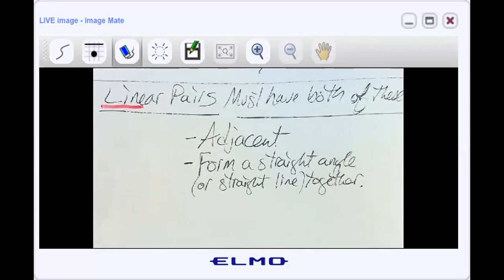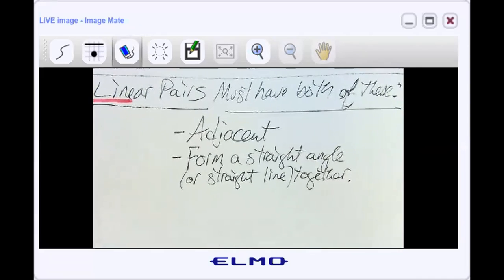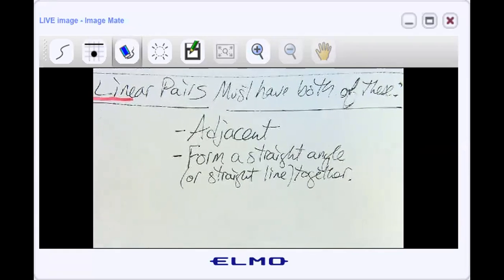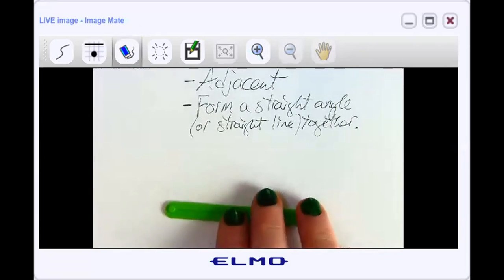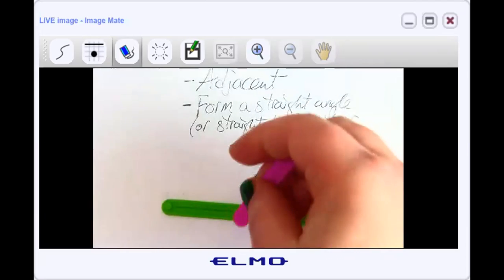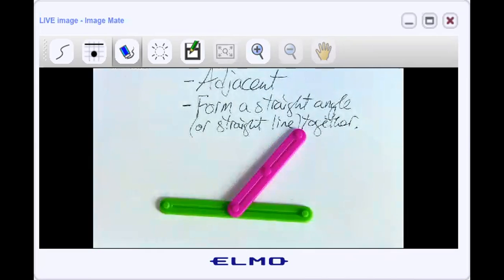All right, so I'm going to show you with my little doodad here what these could basically look like. So here's one part of the doodad. See that? That's just a straight line, right? Great, I got a straight line, perfect. Remember that you can also think about this as a straight angle. Aren't all straight lines really the same thing as a straight angle? So if I broke that up into two, if I snap that on there, see how I have two angles now?